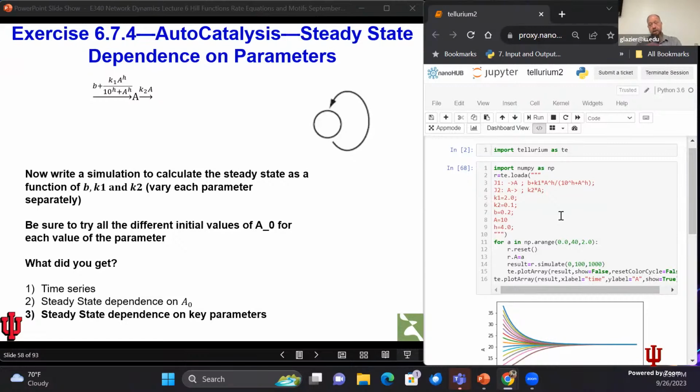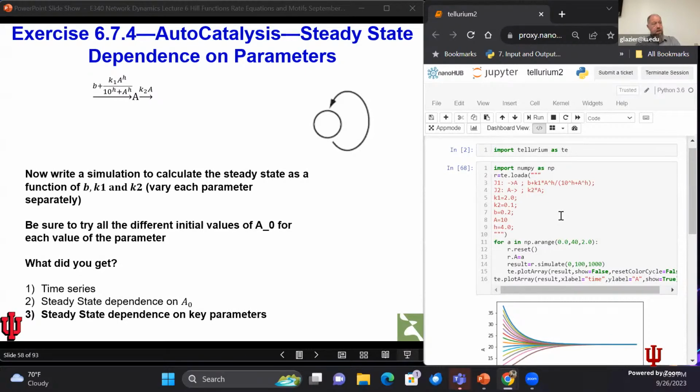So on the x-axis, you're going to be plotting the value of B. Once you've done it for B, you can do it for K1 or K2. The y-axis will be values of A. And in some places, there might be 1 value of A. Some places there are 2, 3, 4, multiple possible ones.